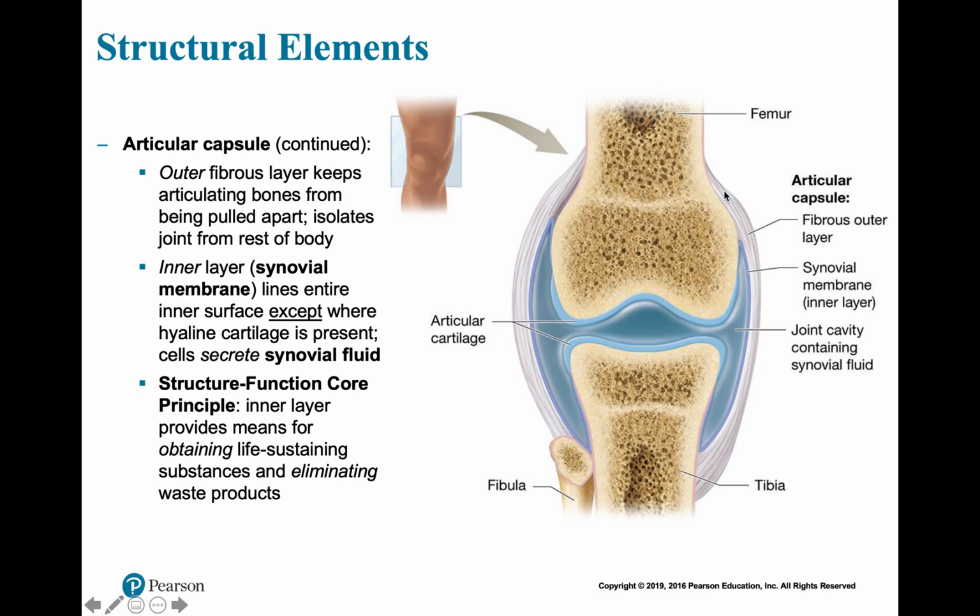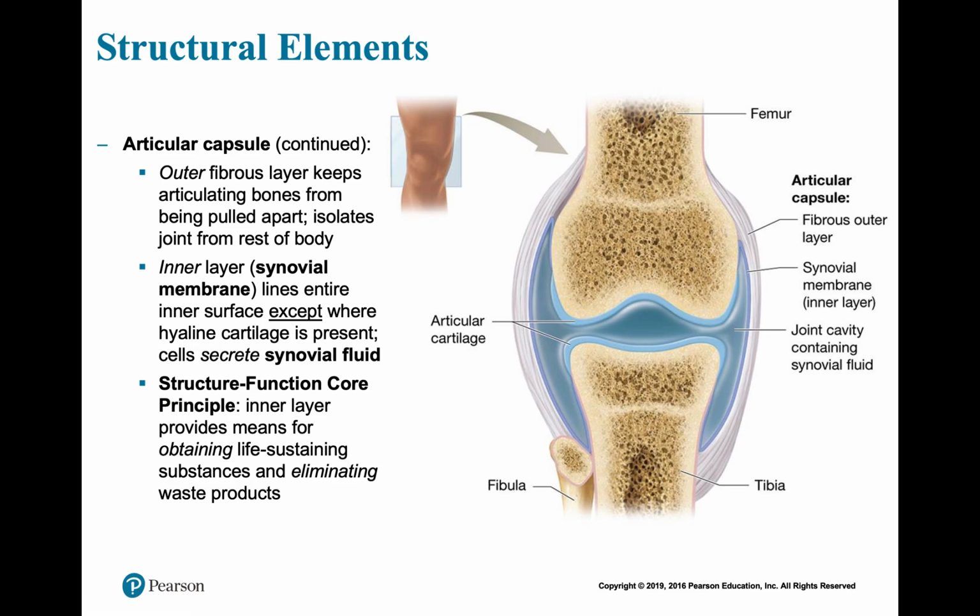The fact that it's dense, irregular connective tissue means that it can be vascularized. It has room for blood vessels and nervous tissue supply. So it's vascularized, it resists these bones being pulled apart, and it also helps isolate the joint from the rest of the body.